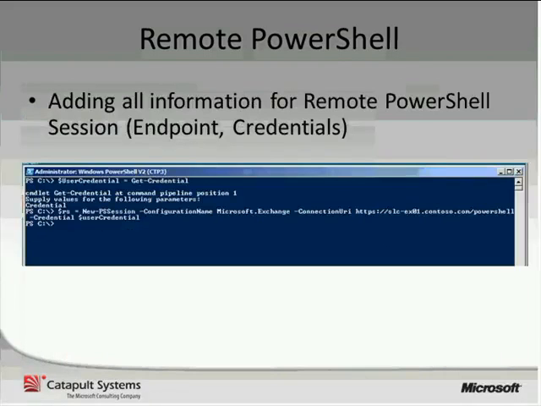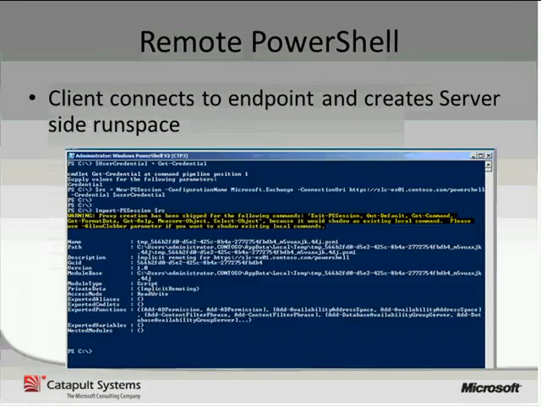The question was, why are we doing the $RS equals New-PSSession and that whole long line, and then calling it in the Import-PSSession? It's not necessary to do that. You could actually encapsulate it.